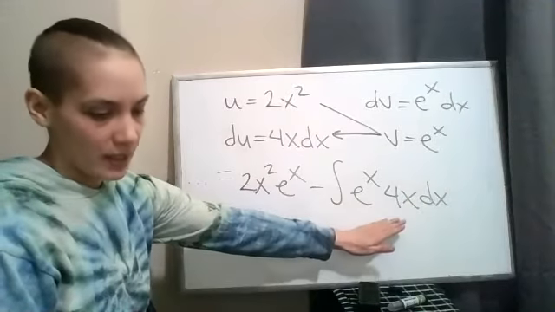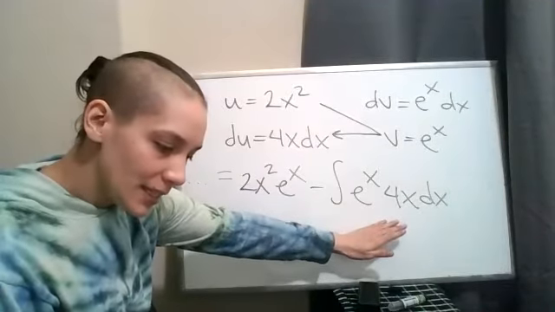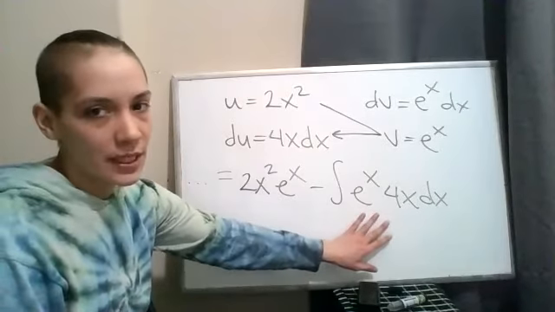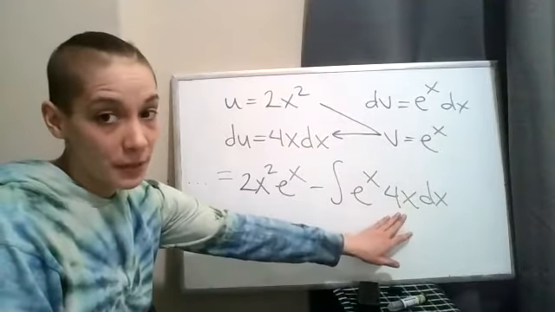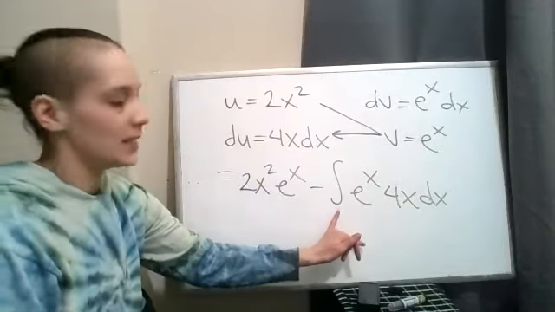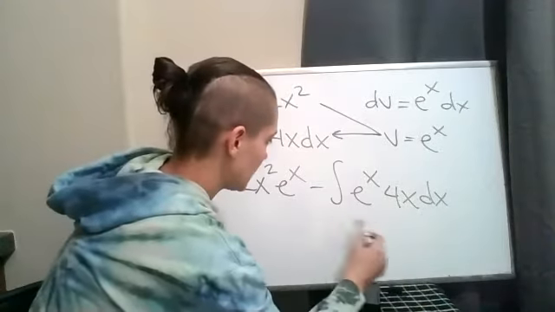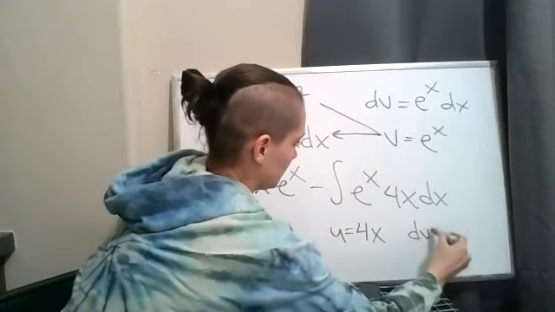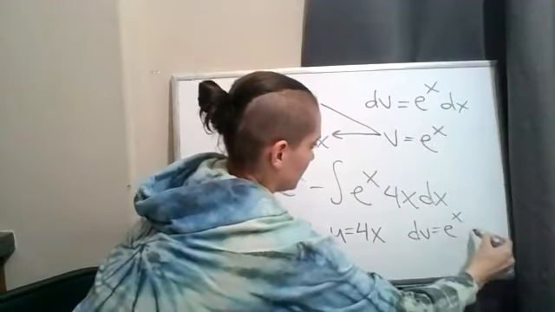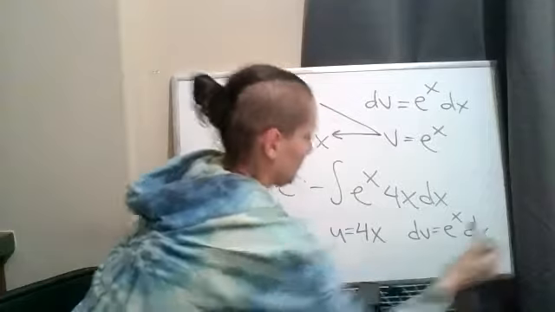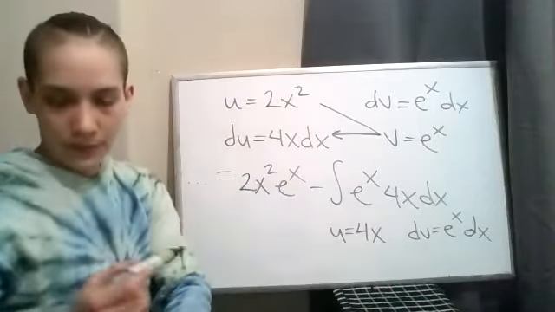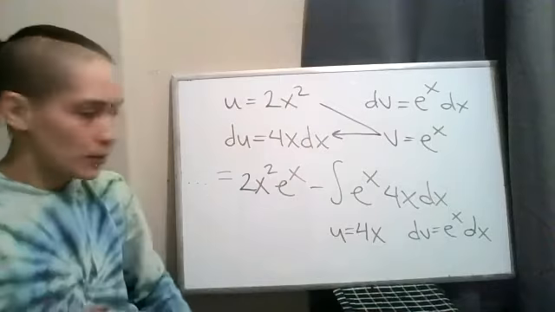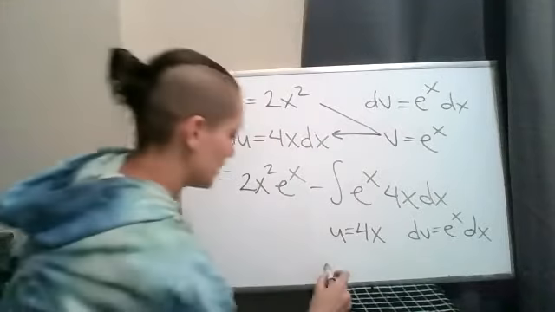So we're going to do this by parts again. And yeah, I think we could have used a table, but still, let's just do this again. So u is going to be 4x, dv is e to the x dx. And this derivative will give you du equal to 4 dx.